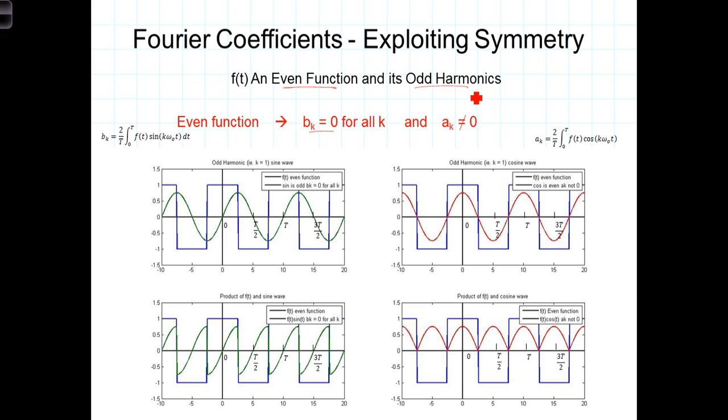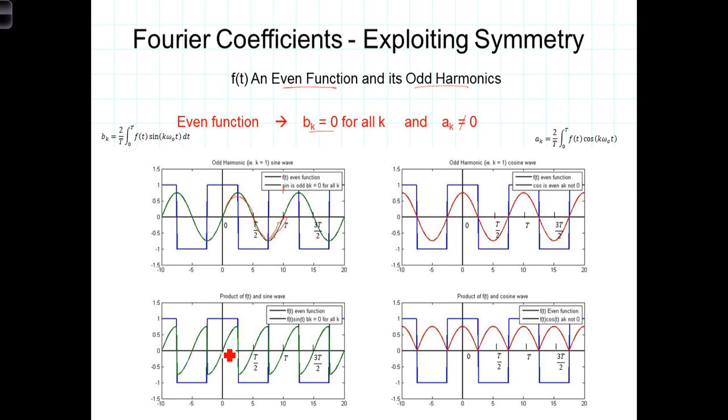First of all, looking at the odd harmonics, k equals 1, 3, 5. When k equals 1, you have one complete sine wave cycle in the same period as the even function. When you multiply it, during this quarter wave you've got positive times positive, which gives you a positive area. But during the second part of this first half of the period, you've got positive times negative, which gives you a negative area.